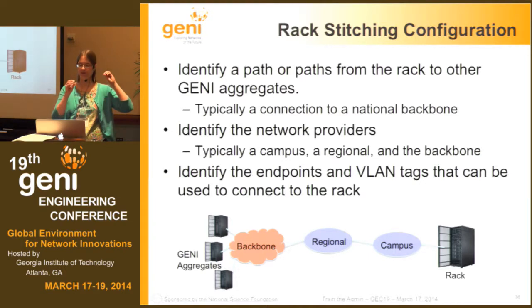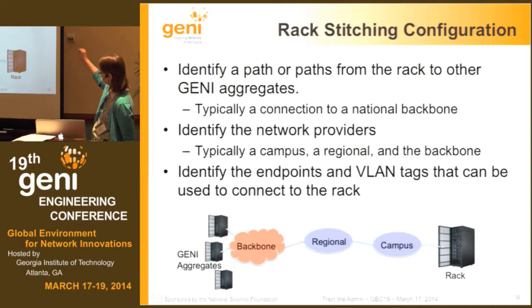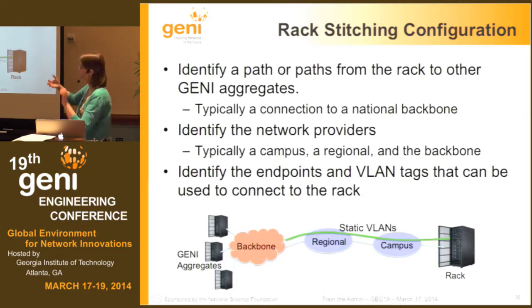So there's a rack on, say, a campus, and somebody on that campus configures VLANs that enable connectivity from the rack to the regional. Then the regional makes available a set of VLANs, usually on the order of 10 or 20 VLANs.